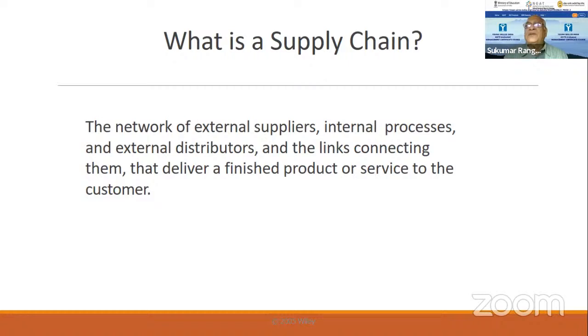Today, nobody has the patience to wait. You order something, you want it now, right? This is possible only when you have a very strong supply chain, right up to the basic materials.